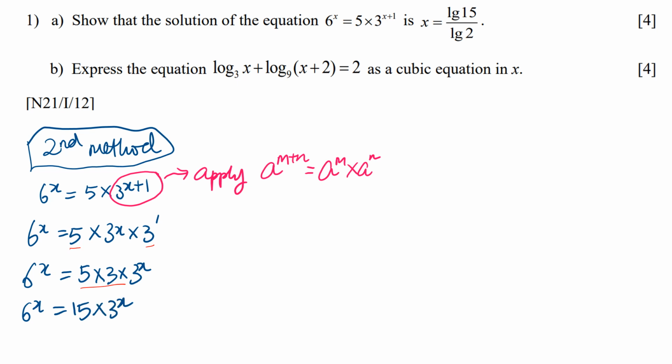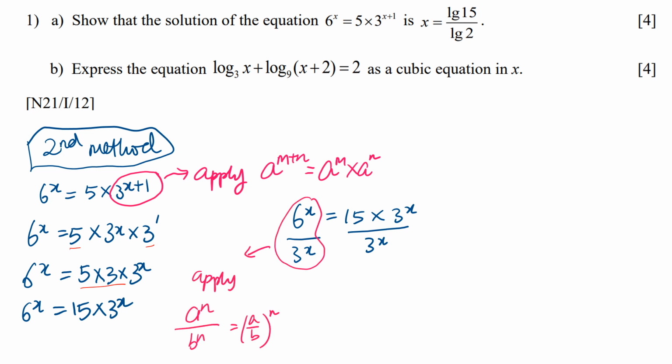The next step is I'm going to bring the terms with the power x together and put them on the left hand side. So I'm going to divide both sides by 3 to the power of x. The next thing is that I'm going to apply another rule that I've learned earlier on. a to the power of n over b to the power of n gives you bracket a over b to the power of n, to simplify 6 to the power of x over 3 to the power of x.